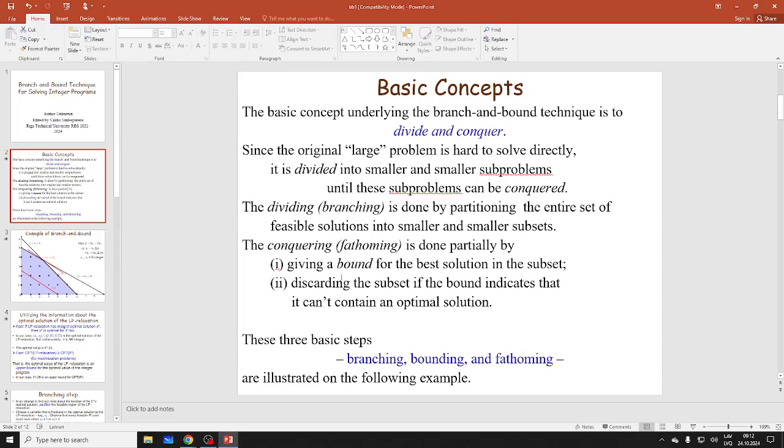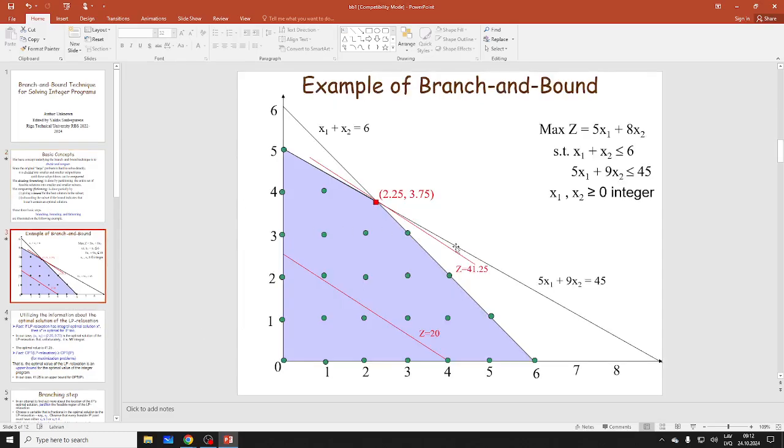So let's look at this example. We already know our linear programming example here in this particular case, but branch and bound could be used in some other problems too. What constraints do we have? We have to maximize this function, 5x1 plus 8x2.